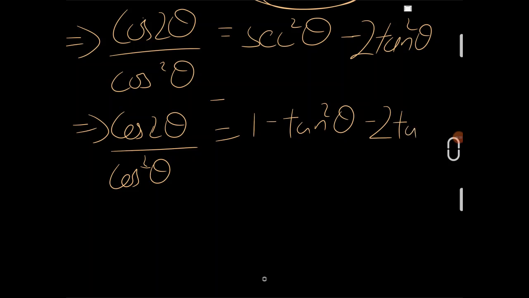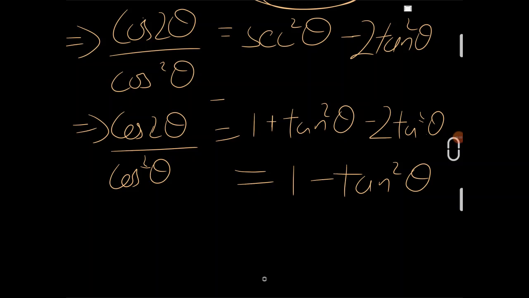So that's 1 plus tan square theta minus 2 tan square theta, and that will be equal to 1 minus tan square theta. Wow, that's an amazing formula, man. Come on, I completely just took off that sec.